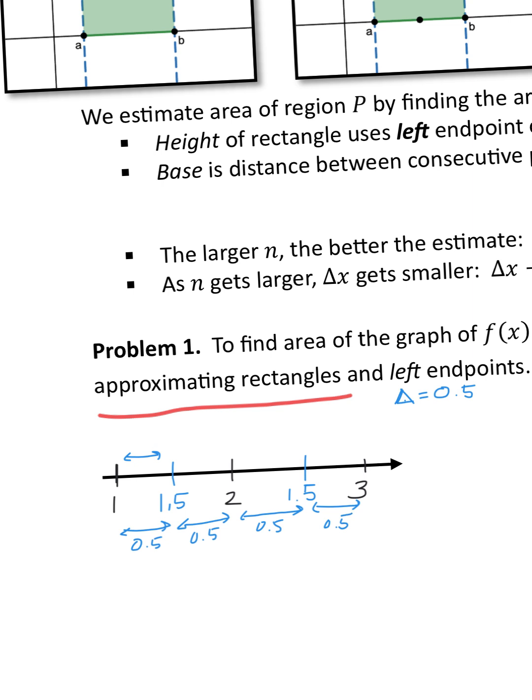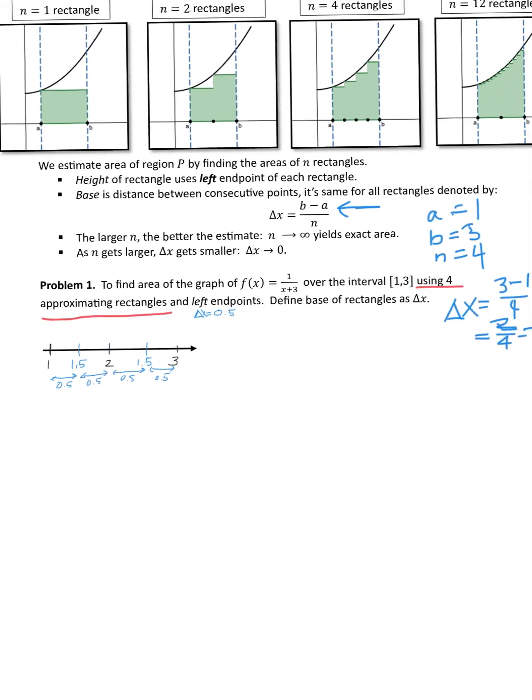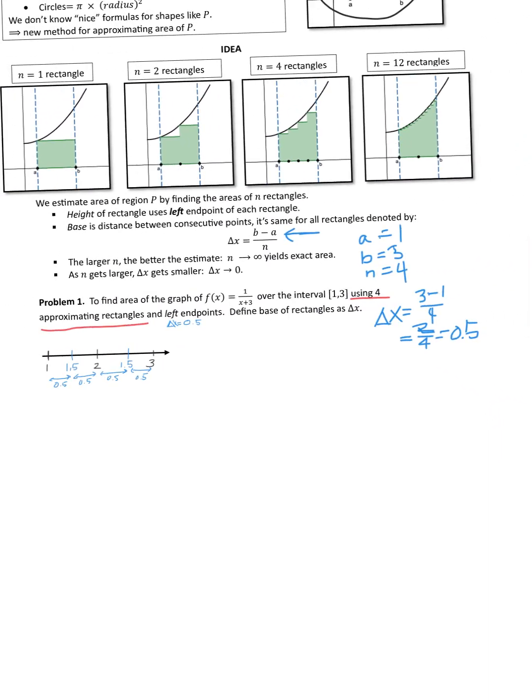So next, what we want to find is the height of these rectangles, because delta x, as we saw from the definition, is equal to the base of the rectangle. Now, how do we determine the height? Well, the instructions tell us what we use to determine the height.